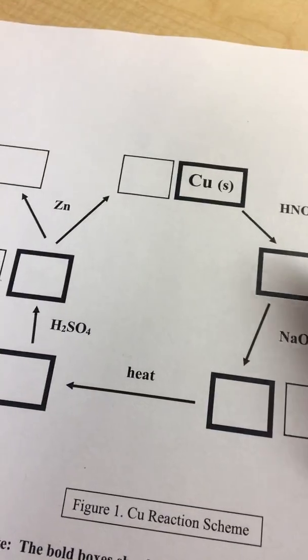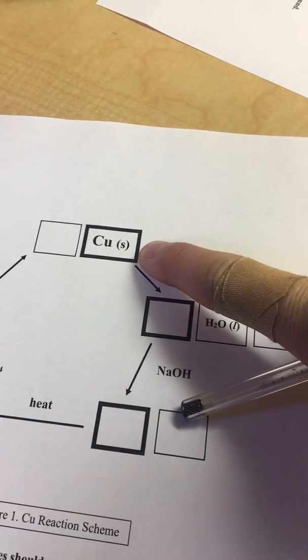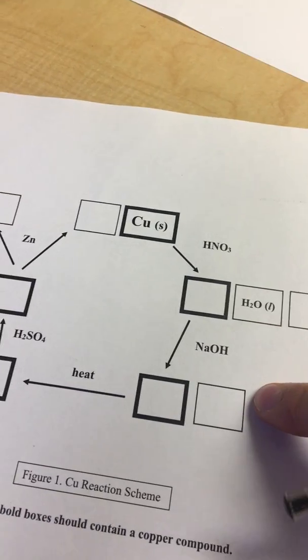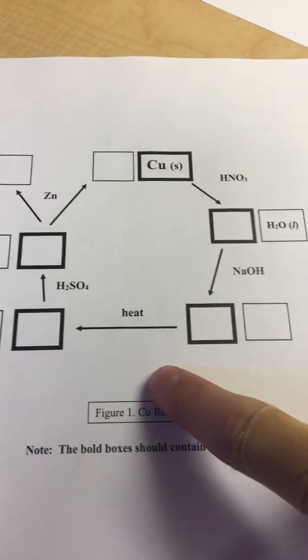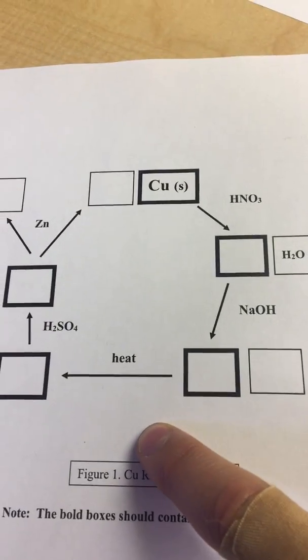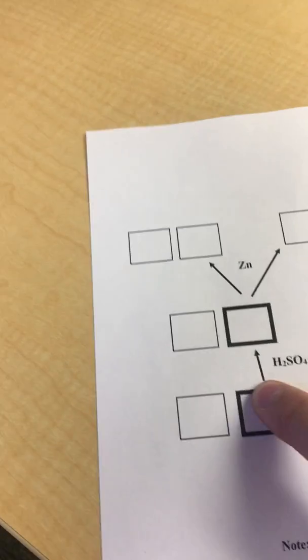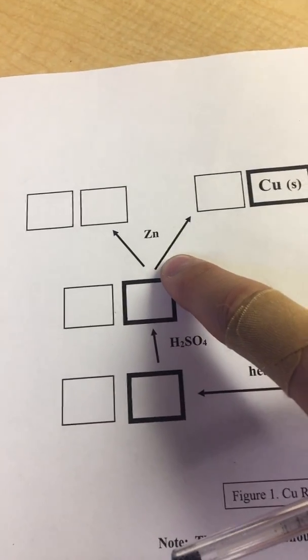So, at the beginning of the experiment, it started off with just copper, right there. Throughout the experiment, nitric acid and sodium hydroxide was added to the copper. It was then heated. After it was heated, sulfuric acid and granular zinc metal was then also added to the solution.